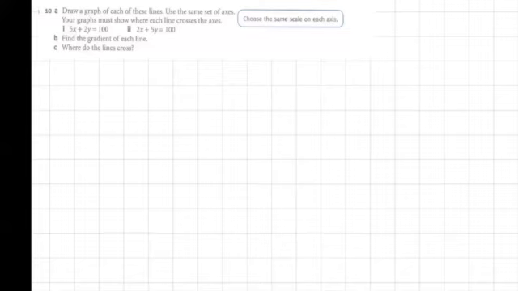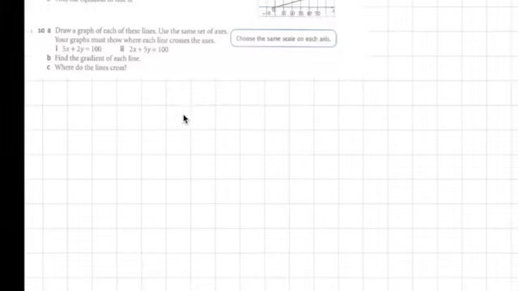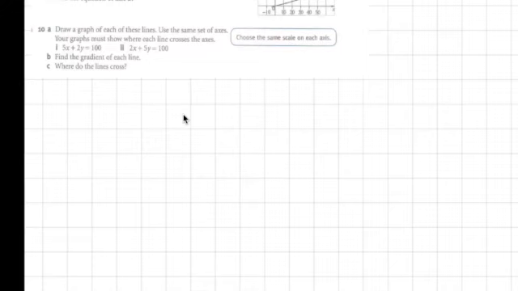Let's look at number 10. Draw a graph of each of these lines on the same set of axes.